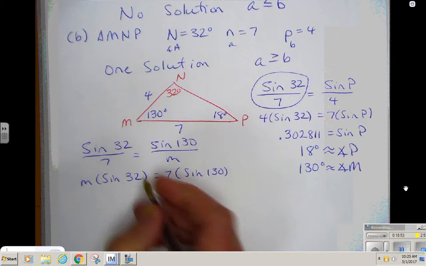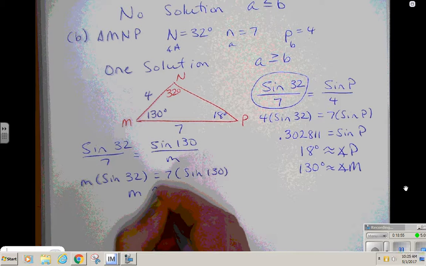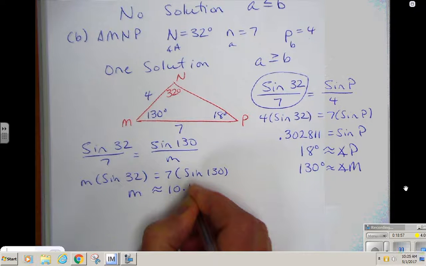And I'm getting that side M is about 10.1.